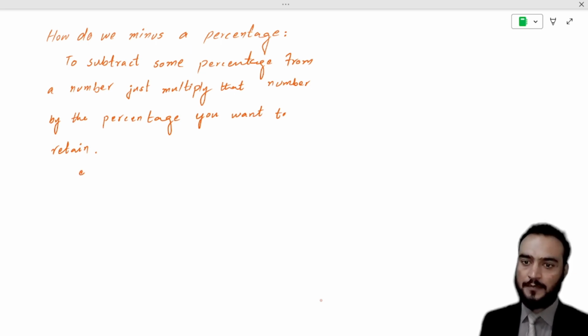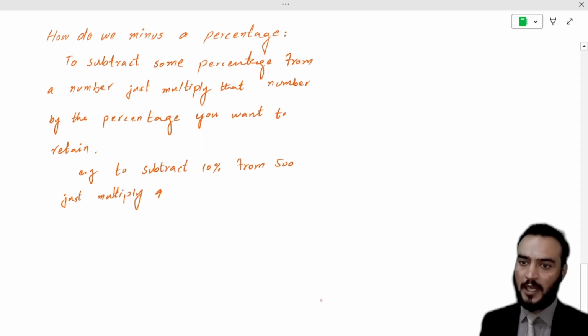For example, to subtract 10% from 500, just multiply 90% by 500.